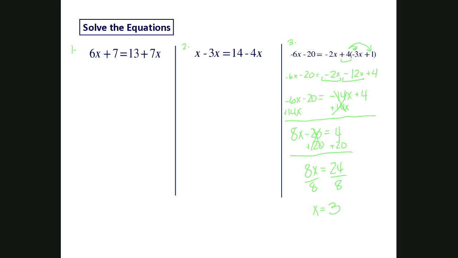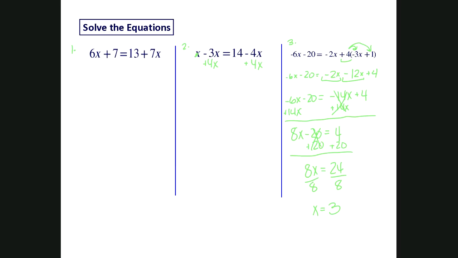So this one, there isn't any simplifying to do because it looks pretty simple as it is. So let's go ahead and solve. I'm actually going to move all the x's first by adding 4x to both sides. Oh, I totally didn't even see that was an x. I thought that was a different number.